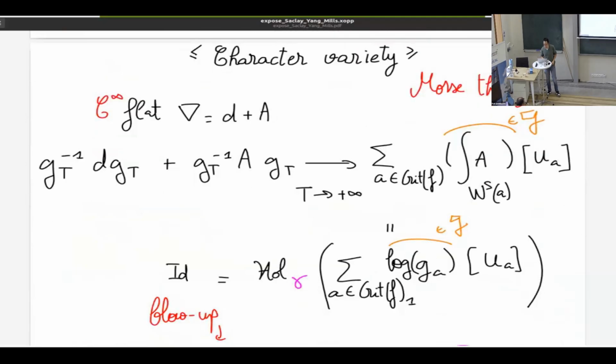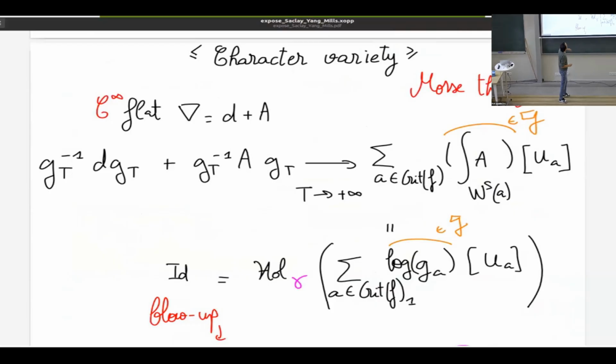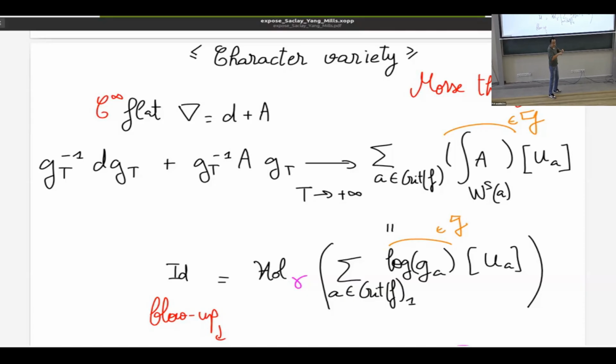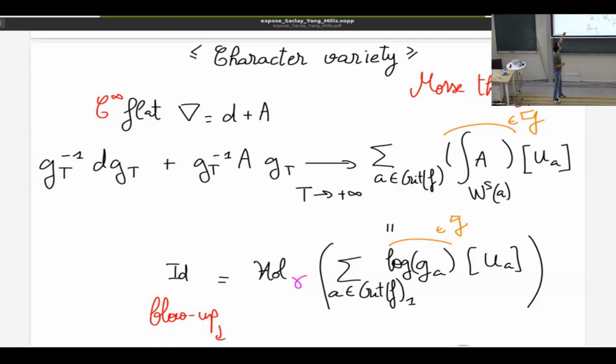And it's just a comment, a relation with a flat connection, the character variety. What happens if I start with a flat connection? If I apply my procedure, my gauge transformation, to a flat connection, what I get is a sum of delta supported connections along the unstable curves. So this gauge transformation gives us a Morse theoretic model for the character variety.